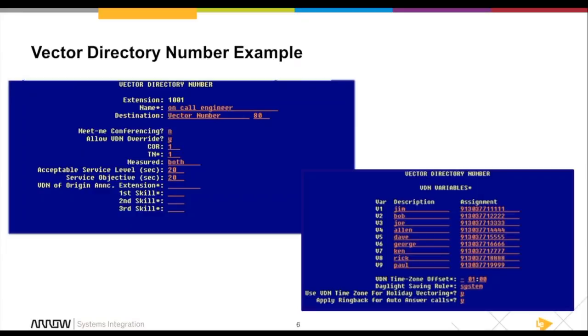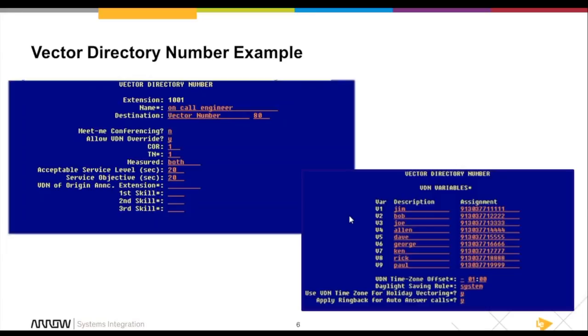A VDN, as you can see here, will have an extension number. The name is there. It will always go to a vector. You will also see that it has a measurement: internal, which would be your BCMS, external, meaning your CMS, and both is for both of them. On the third page, on the far right-hand side, we have what we call VDN variables. And we can have a description.